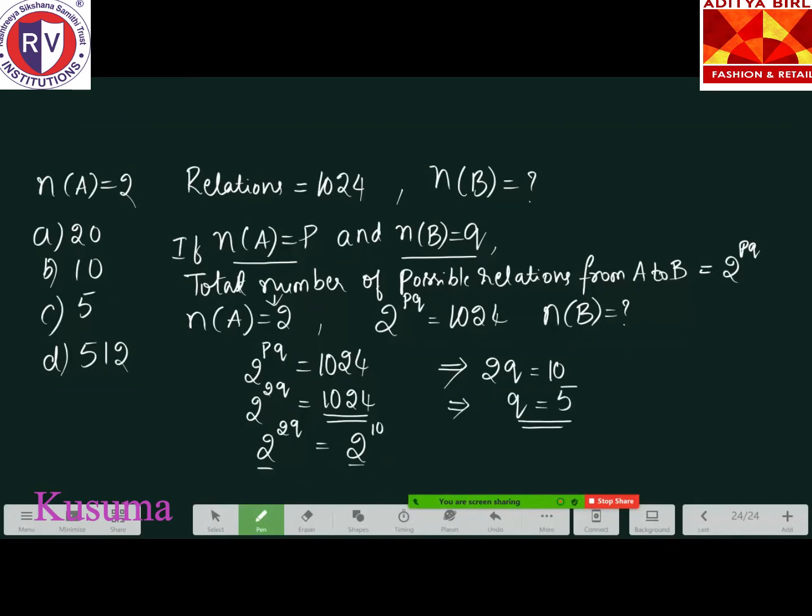So we know what is Q. Q is the number of elements in the B, right? That is n of B is equal to 5. That is the number of elements in the set B is 5. So the right answer here is option C.